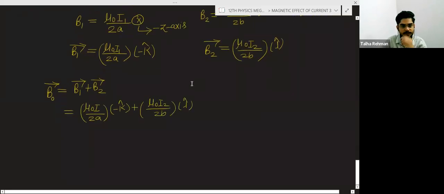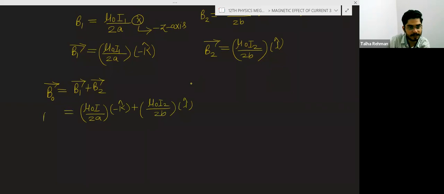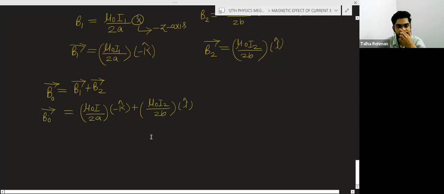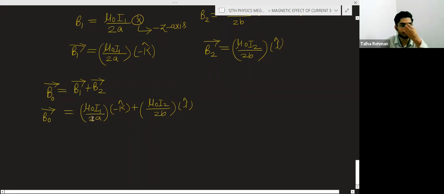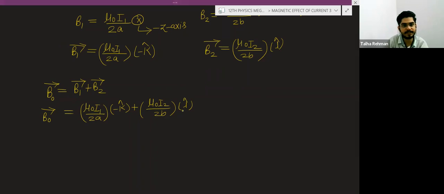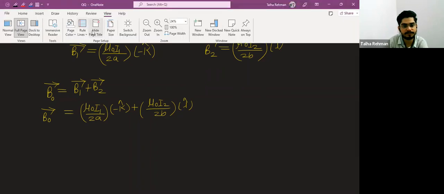Okay, Hamza? So this is your required magnetic field at point O. Further calculation I think you can do. For the further calculation, you can take mu naught by 2 common. So this is your final expression of the magnetic field.